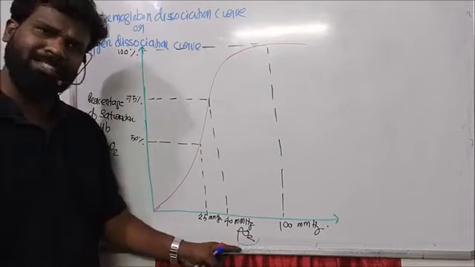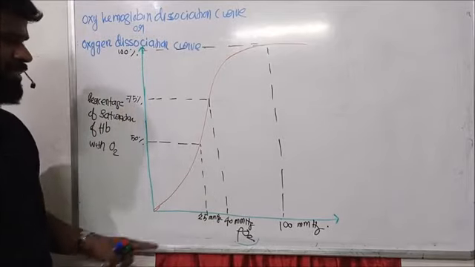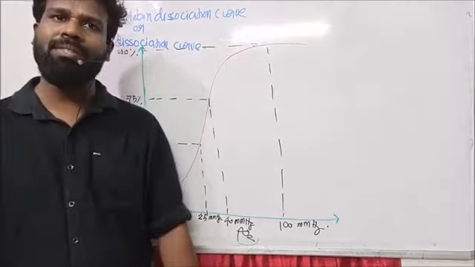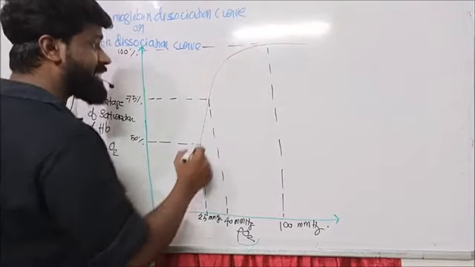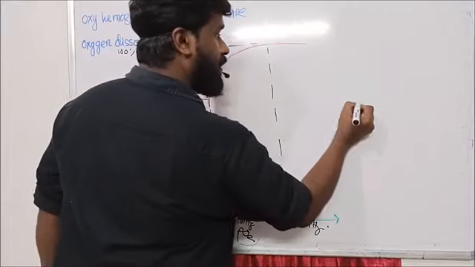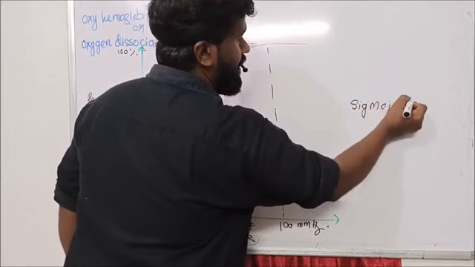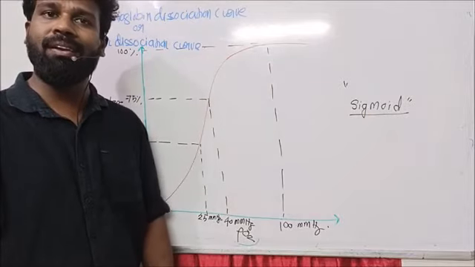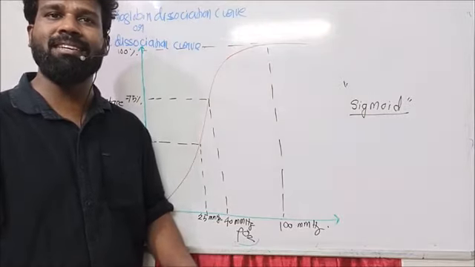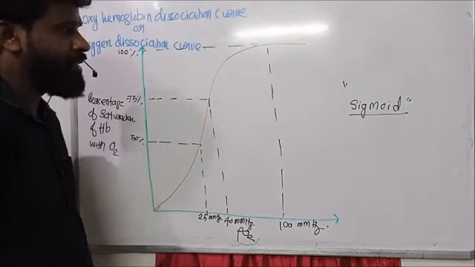This relation is represented in the form of an S-shaped curve, or a sigmoid curve, called the oxygen dissociation curve or oxyhemoglobin dissociation curve.